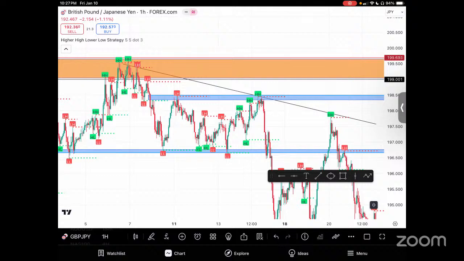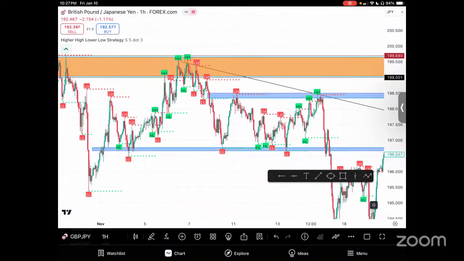Did it create equal highs and equal lows? Yeah, it did. So, you could consider this consolidation. But you see what I did? I asked myself a question. Even within that consolidation, do I see an area where price creates support and it has multiple touches?